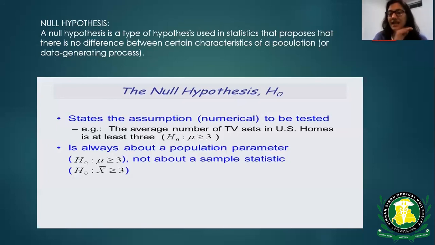It is a null hypothesis. The average number of TV sets in US homes is less than 3, and that would be regarded as the null hypothesis. So when a hypothesis is presented and it is not able to prove itself, we consider it as null hypothesis.